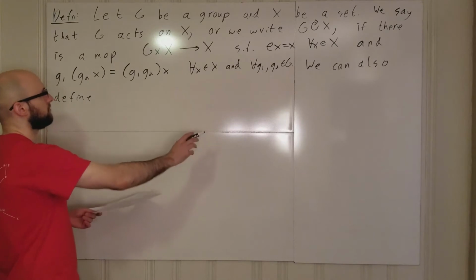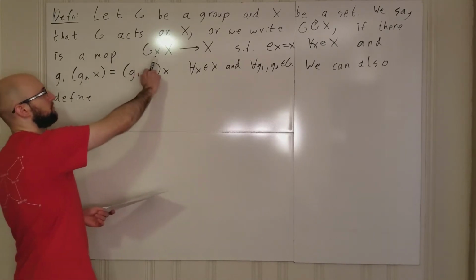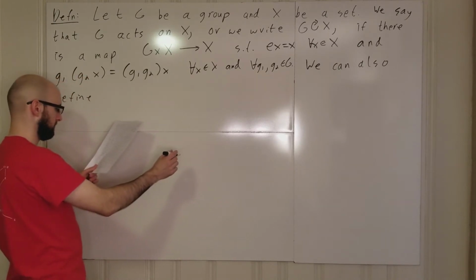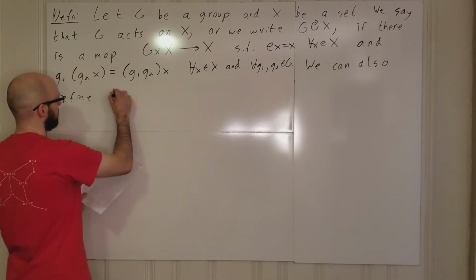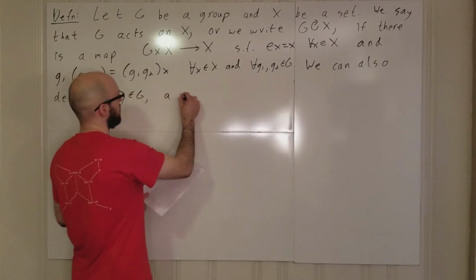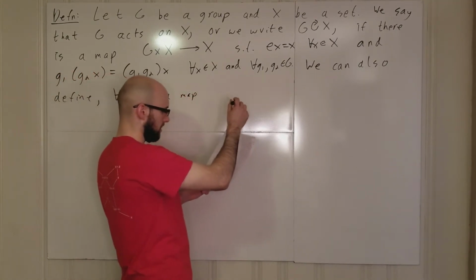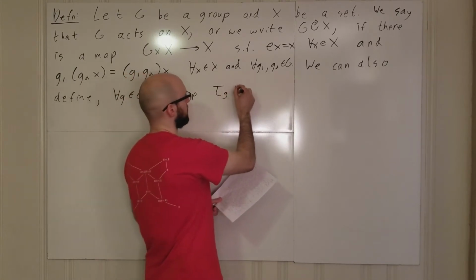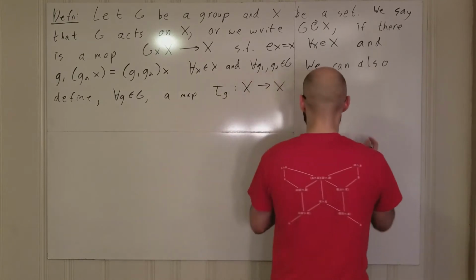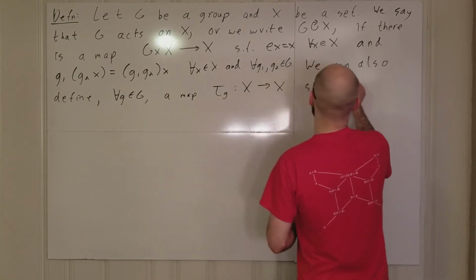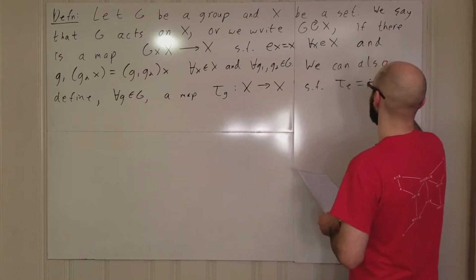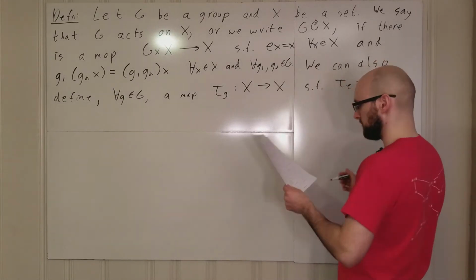So if we didn't want to define it as a map from G cross X to X, we can define for all g in G a map, we'll call it tau g, from X to X, such that tau of e is just the identity function on X.